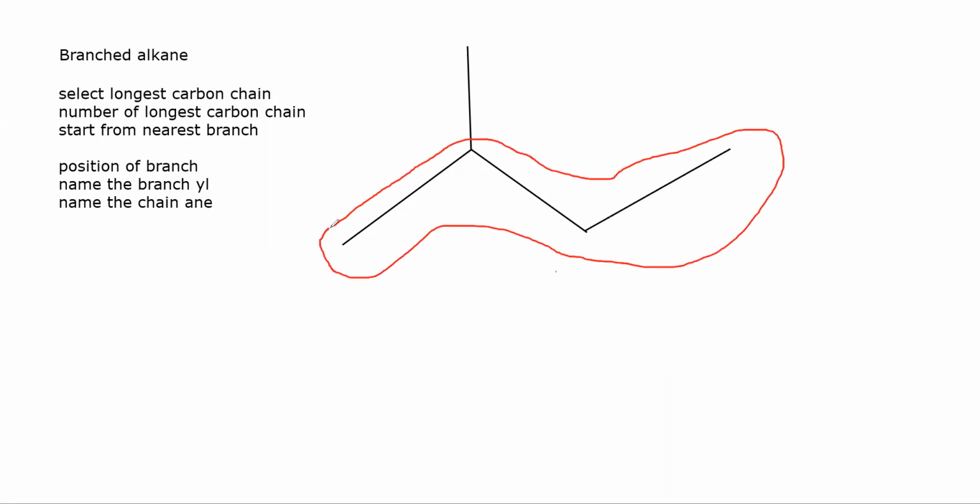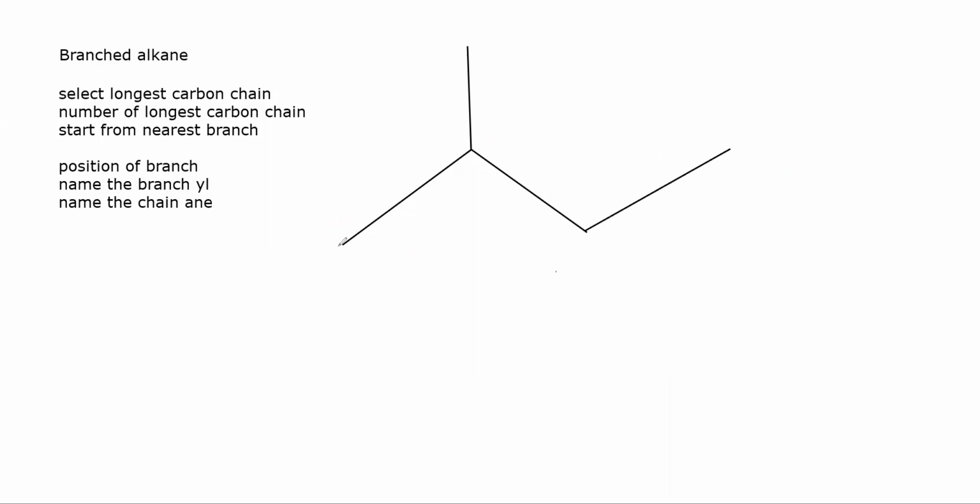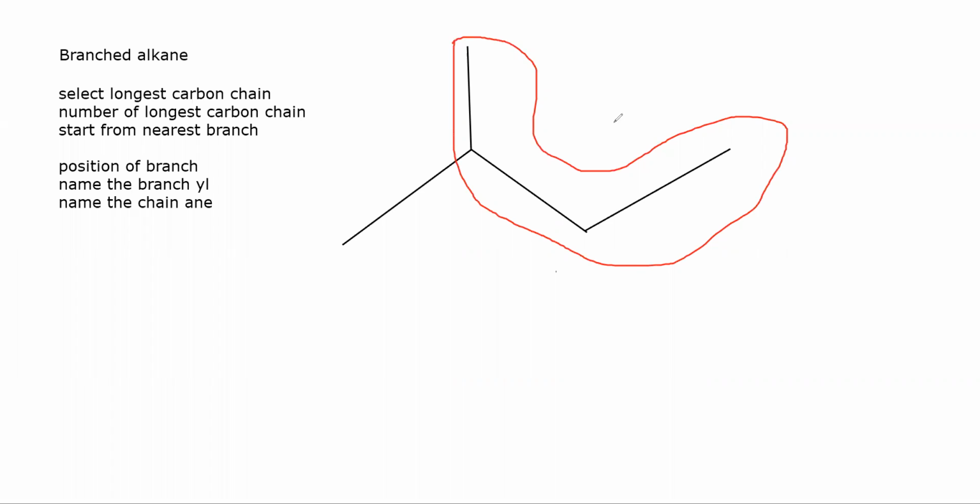This is one chain, or 1, 2, 3. This is another chain, because from one end to another, that's called one chain. But that's not the longest. Or 1, 2, 3, 4. So this is also the longest chain from one end to another.